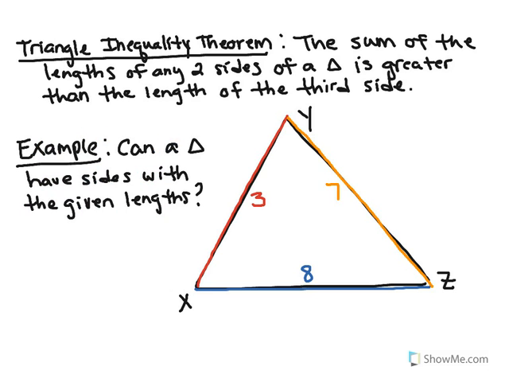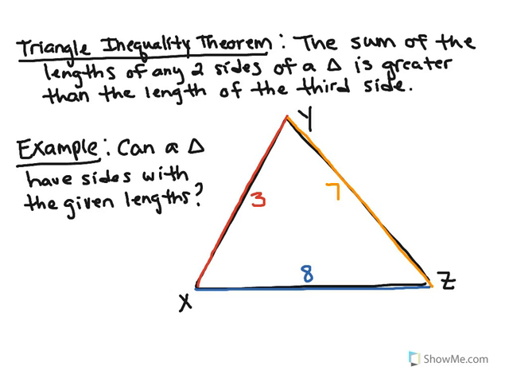So let's take a look at an example. This question is going to say, can a triangle have sides with the given lengths? In our picture, I wrote up the lengths for this particular example. This doesn't necessarily mean that it forms this triangle, but we're going to see if our theorem helps us determine that. So let's take two sides of our choice.